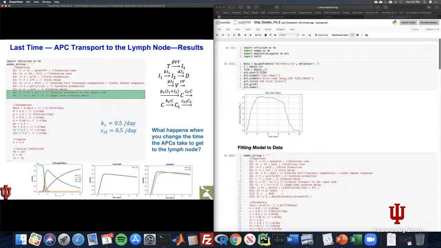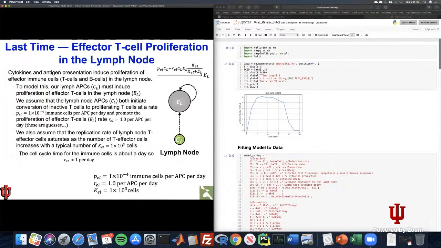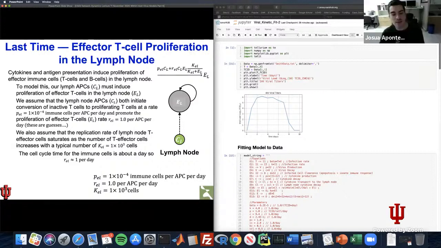Okay. So once the signal reaches the lymph node, it induces the differentiation and proliferation of certain specific cells of the adaptive immune system.